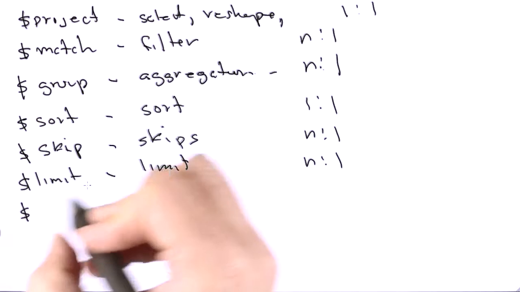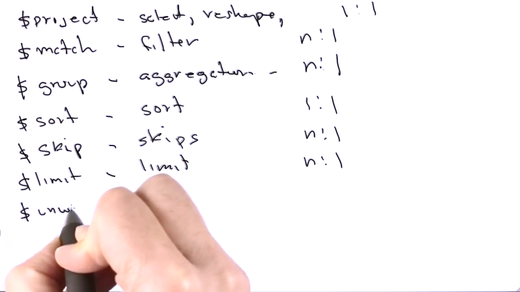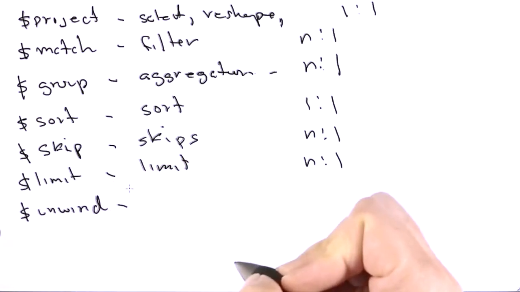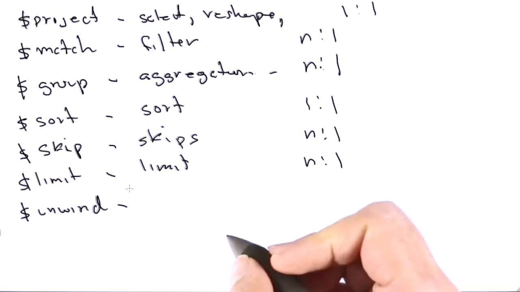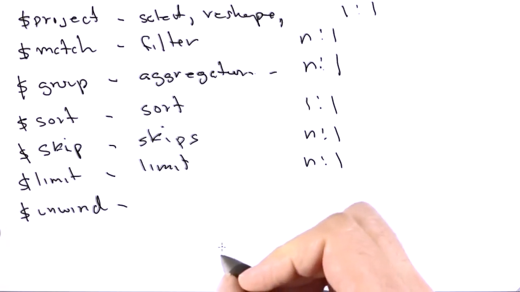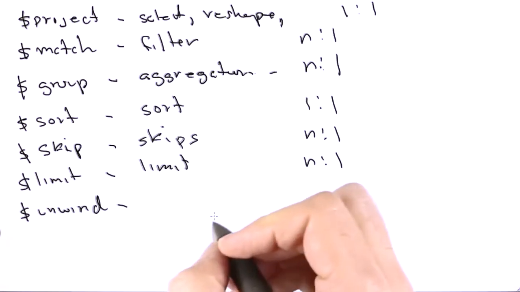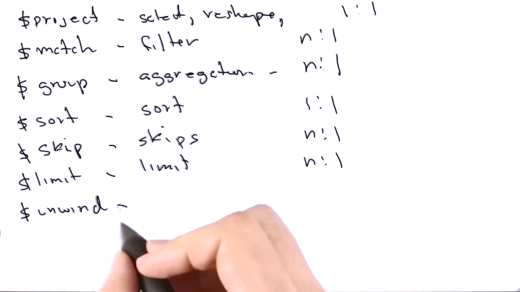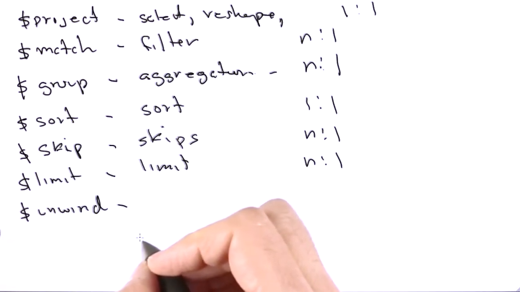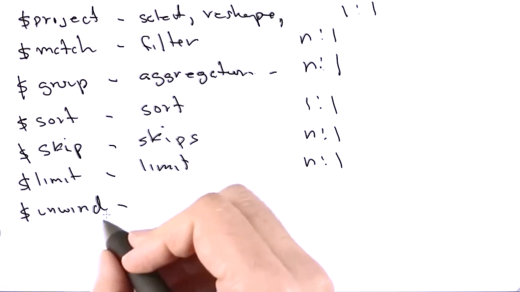There's one more operator, and that is unwind, which we're going to get into much more completely later. In MongoDB, we've got these documents that can have sub-arrays inside them, sort of pre-joined data. And what unwind does is it unjoins the data.